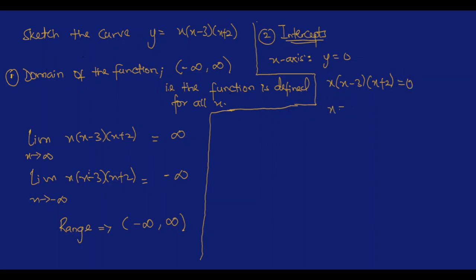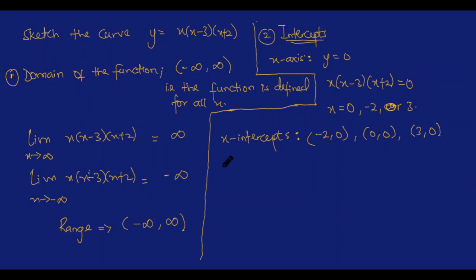This means that x is equal to 0, minus 2, or 3. So the x-intercepts are as follows: minus 2, comma 0; 0, comma 0; and 3, comma 0.